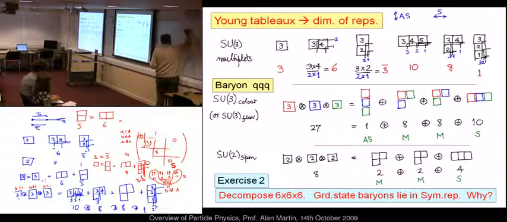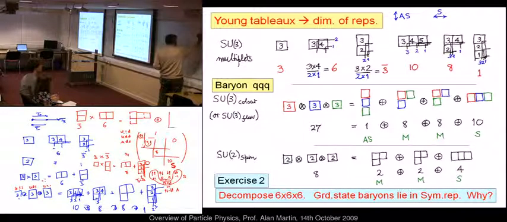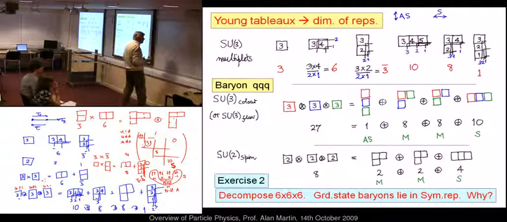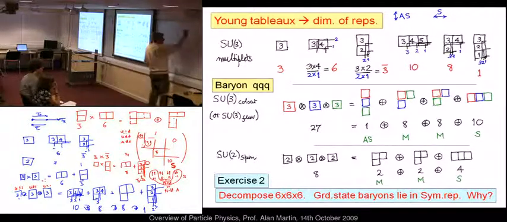Now, that I can draw as this, plus this. Hopefully I've got all the possibilities that I can do. Let's see if I get 18 states. I'd better get 18 states. So this is 3, 4, 5, 2. The hook rule gives me 4 and 2.